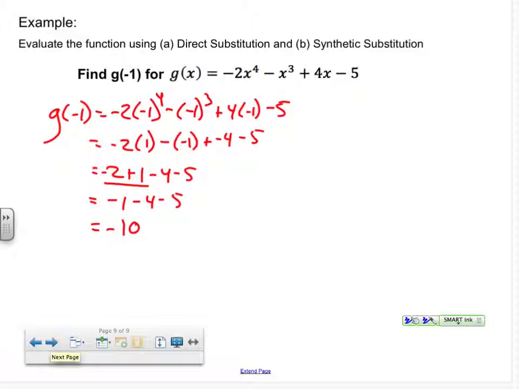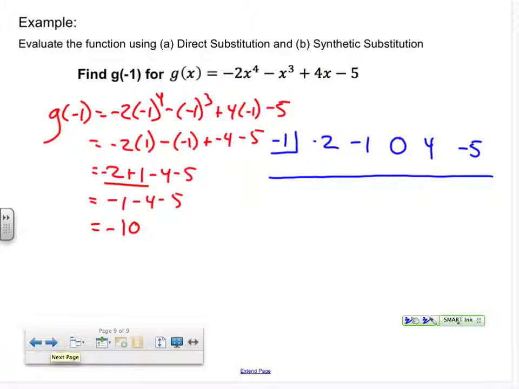Let's try it now synthetically. Write out our coefficients. -2, -1, we're missing the square. Don't forget to fill in what you miss. Our first degree and our constant. And then in the box, we're going to do -1. Add and multiply. Add, multiply, repeat. Right, there's nothing here to add, so it's just -2.